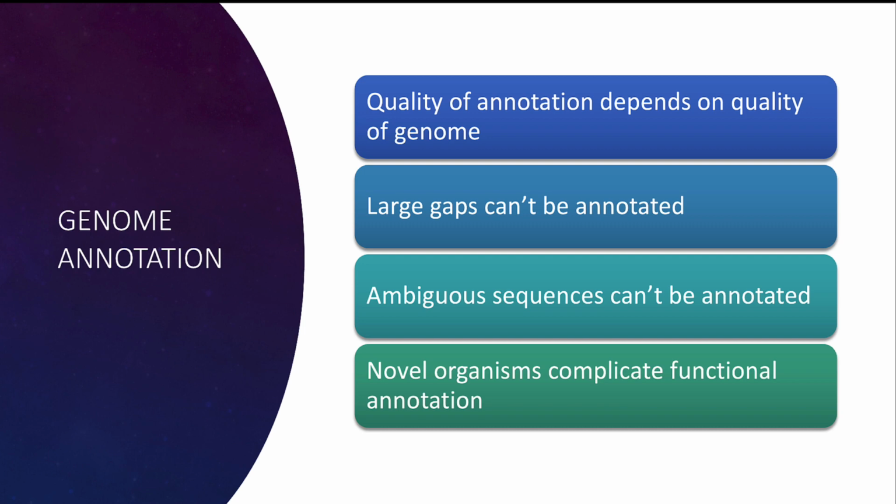Other things, if there's a large gap, if for whatever reason a large region of the genome didn't get sequenced or it couldn't be assembled, obviously we can't annotate that. If a sequence seems to be kind of ambiguous, maybe the sequencing quality wasn't great in a particular region, that can be difficult to annotate. And if you've discovered a new organism, the structural annotation is usually pretty easy.